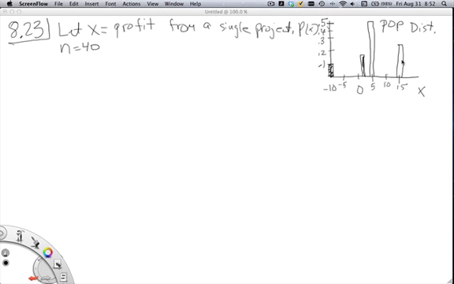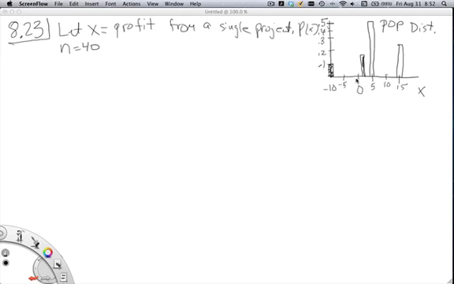I've tried to sketch it, and so there's a 25% chance that we make $15 million. This is in millions of dollars. There's a 50% chance that we make $5 million. 15% chance we only make 2, and there's about a 10% chance that we lose $10 million. Okay, so for a single project, this describes what could happen.